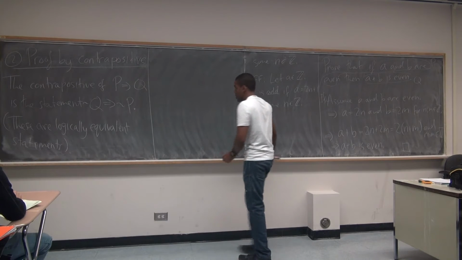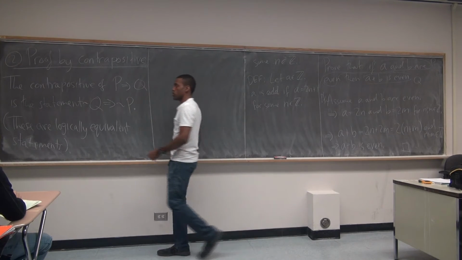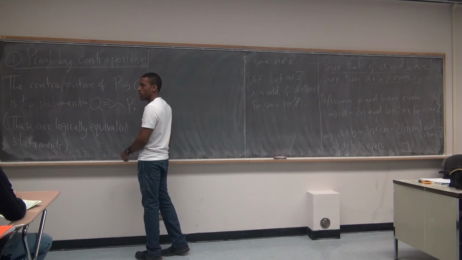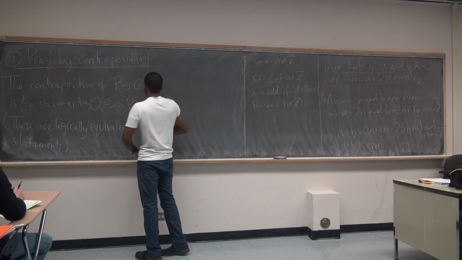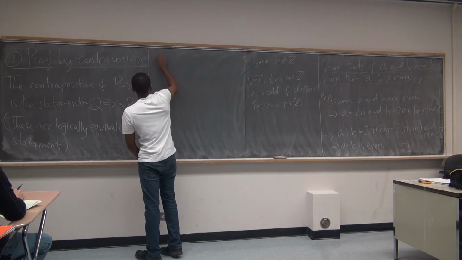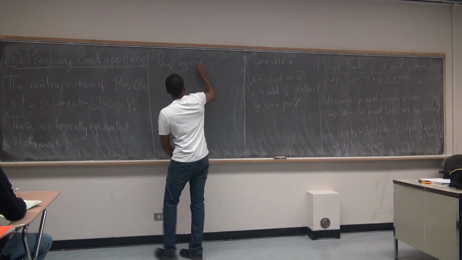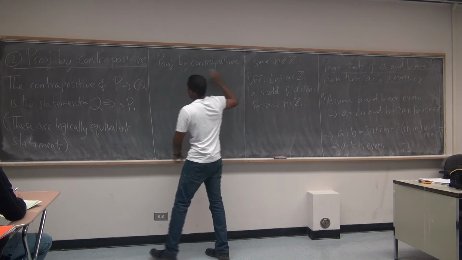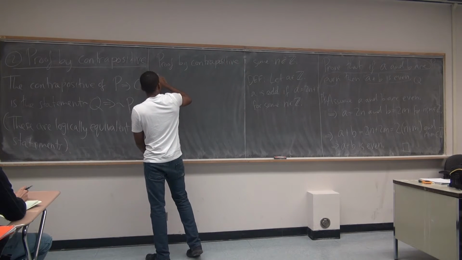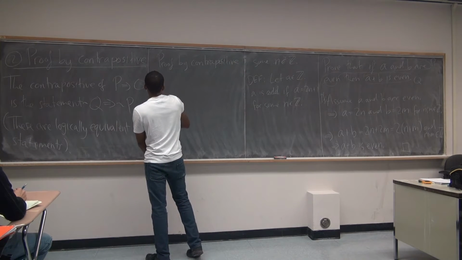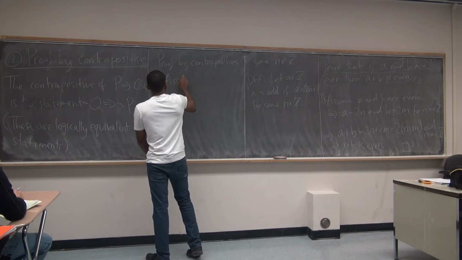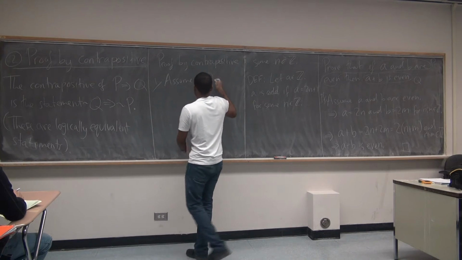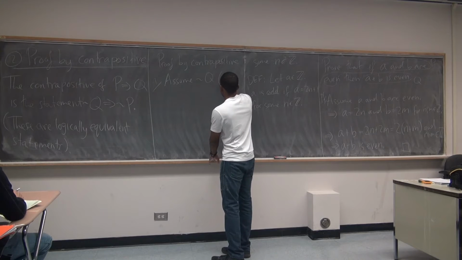So one way to prove that if P then Q is to assume that Q is not true and then show that P is not true. So if I do a proof by contrapositive, step 1, assume not Q. That's a symbol for not Q. It just means assume Q is false.